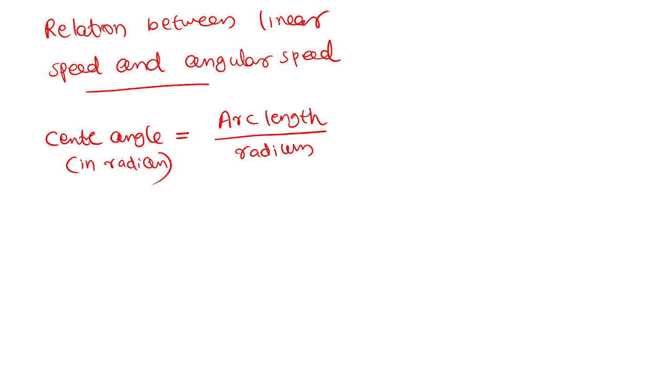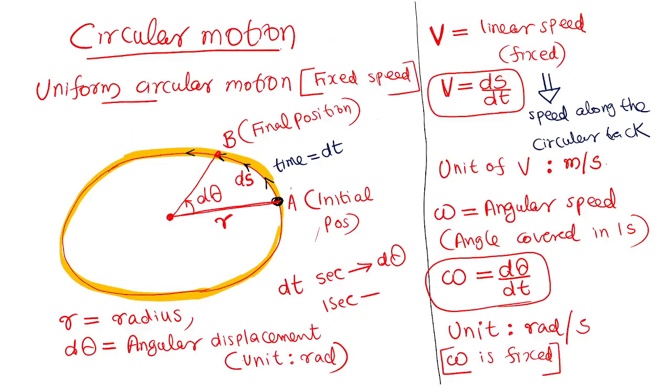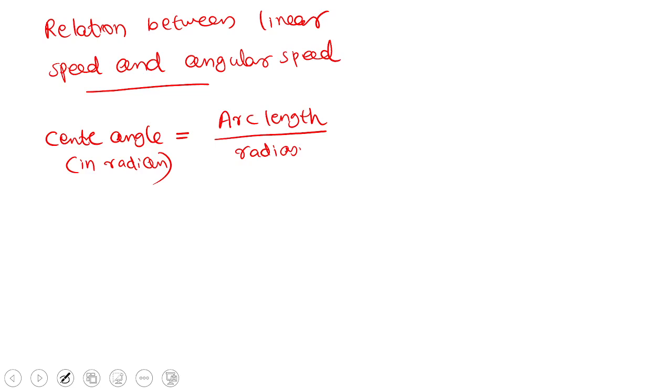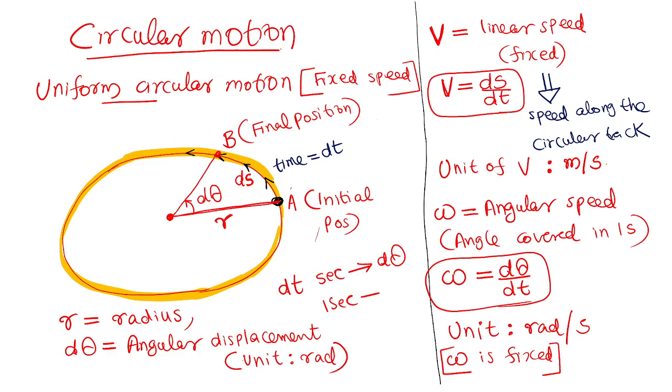Center angle in radian measurement equal to arc length by radius. So center angle, as per this diagram, the center angle is d theta, right? Arc length is marked as ds, right? ds.